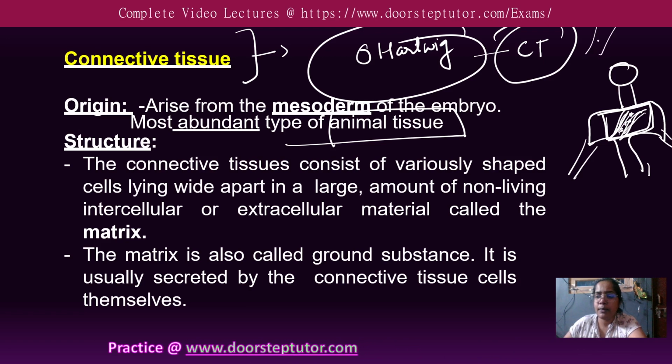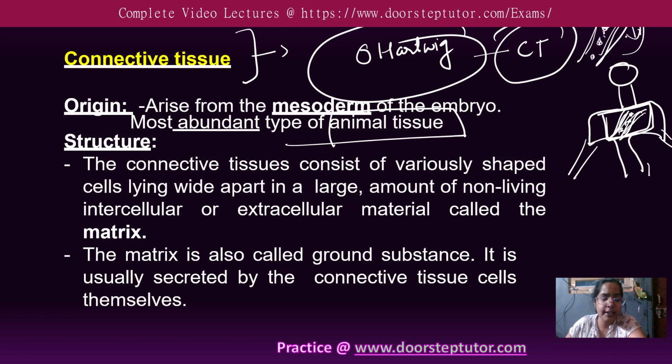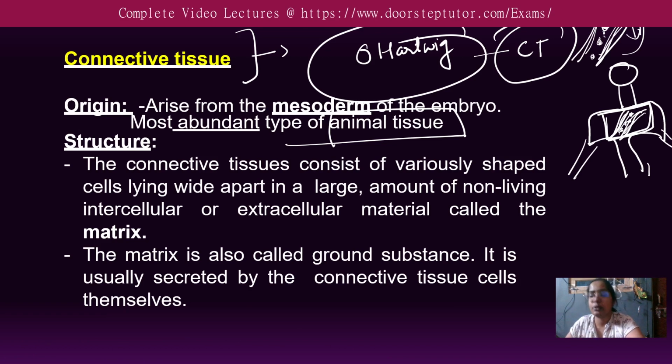If any cell in the blood vessel is playing a role as a macrophage, or is phagocytic in nature, it means they are eating the foreign particles. So this is also a support. The blood is flowing along with the cells, and among them one cell is a monocyte, let us say, and it is providing the support in eating the foreign particle. This is also a support. They are supporting the type of tissue where they are present. That case we need to study here actually.